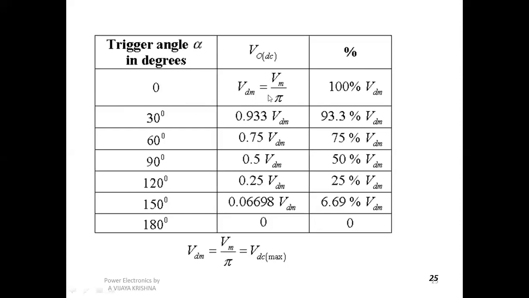V naught is equal to Vm by 2 pi of 1 plus cos alpha. Alpha equal to 0 means we are getting V naught maximum, which is Vm by pi. This Vm by pi is considered as the 100% value.